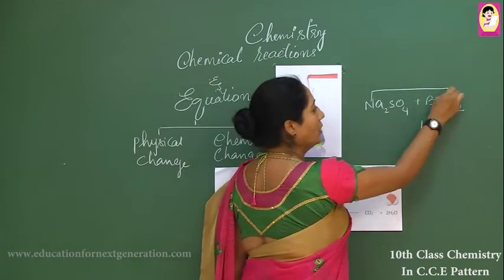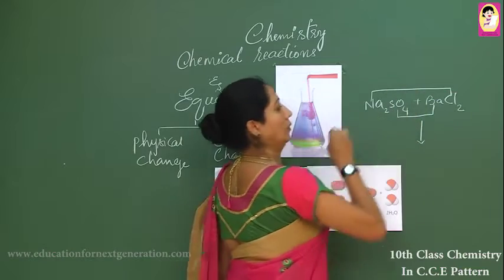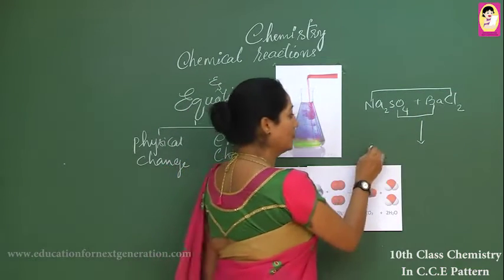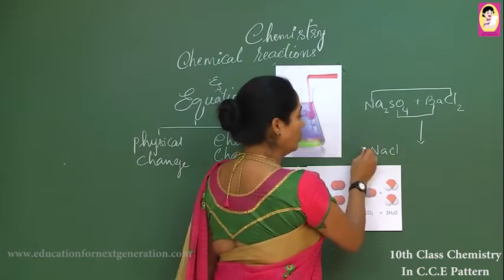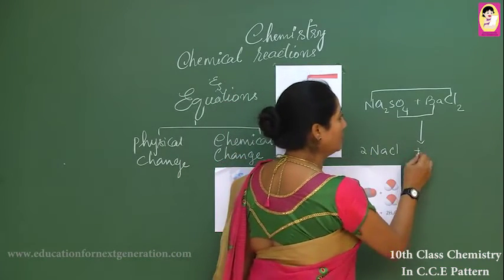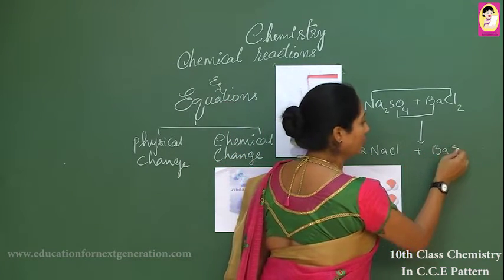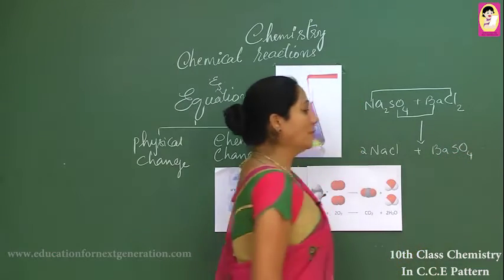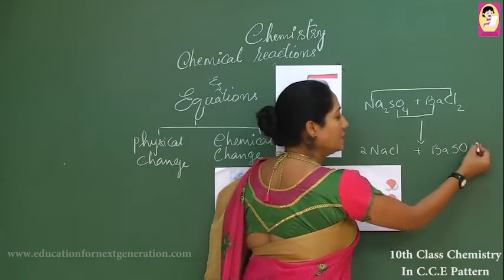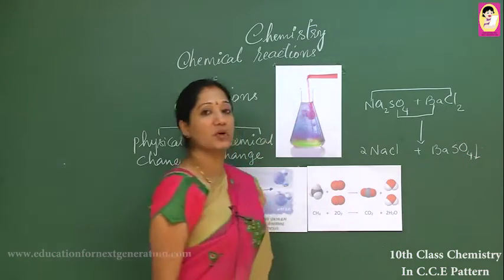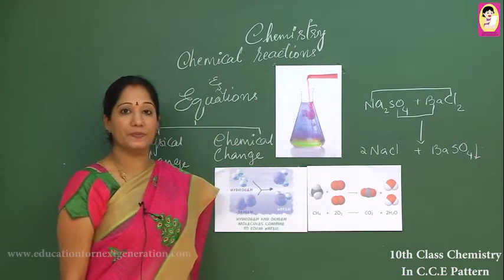A new component is obtained, giving rise to sodium chloride plus barium sulfate. Because the barium sulfate is insoluble, it gives rise to a substance which is called a precipitate.